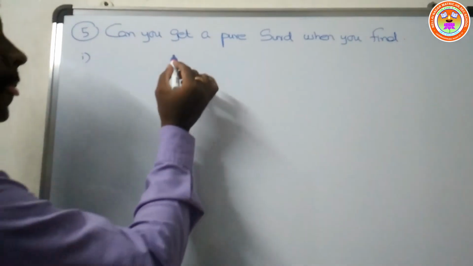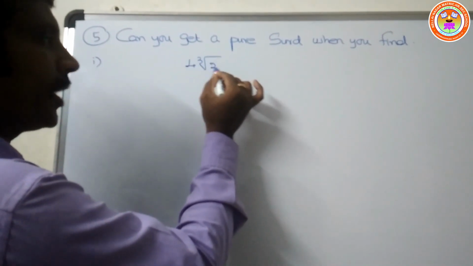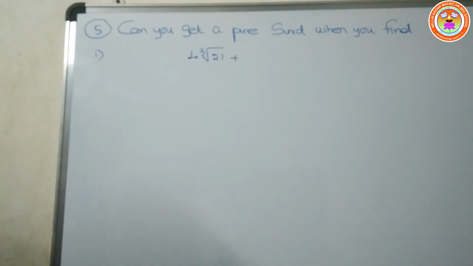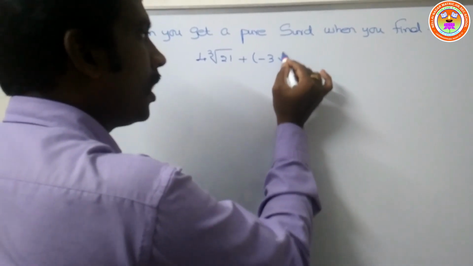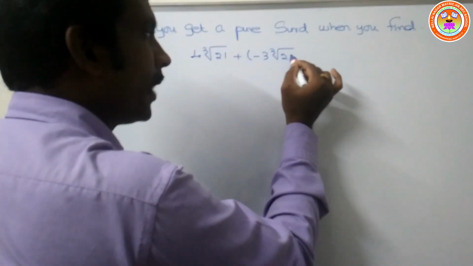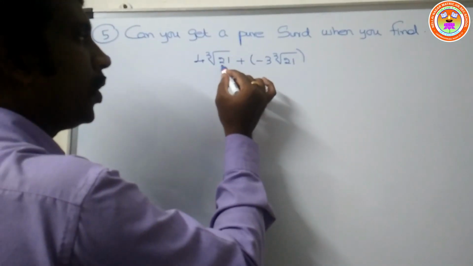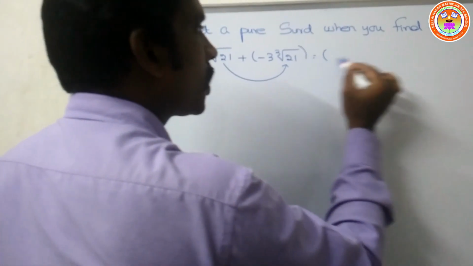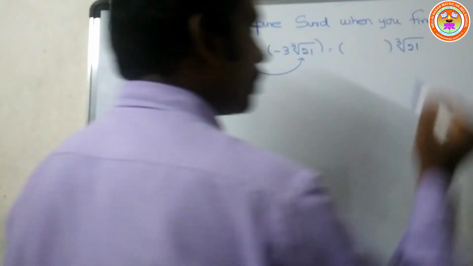4 into cubic root of 21 plus another surd, minus 3 into cubic root of 21. Now which is common for both? Cubic root of 21 is common, so taking it outside.